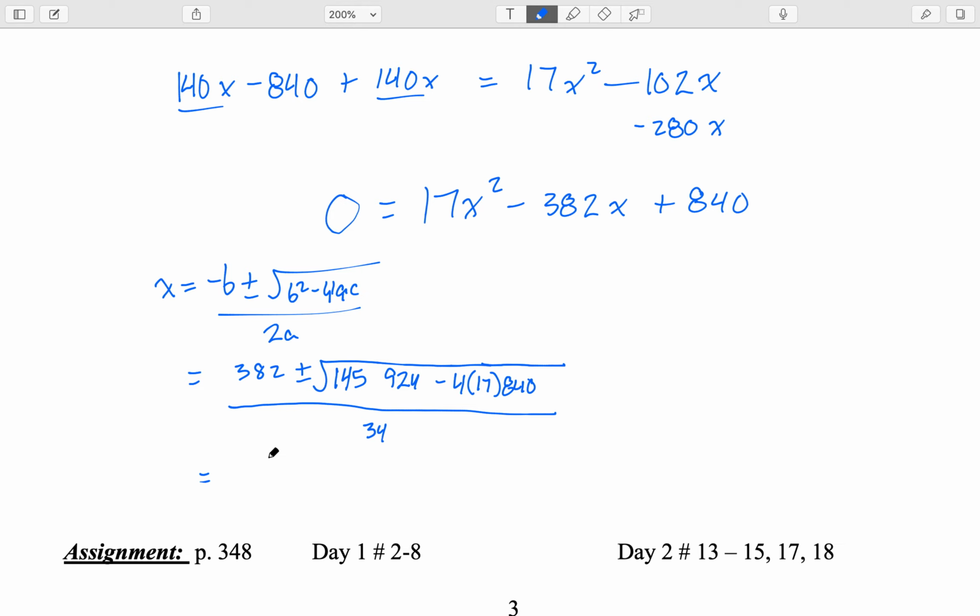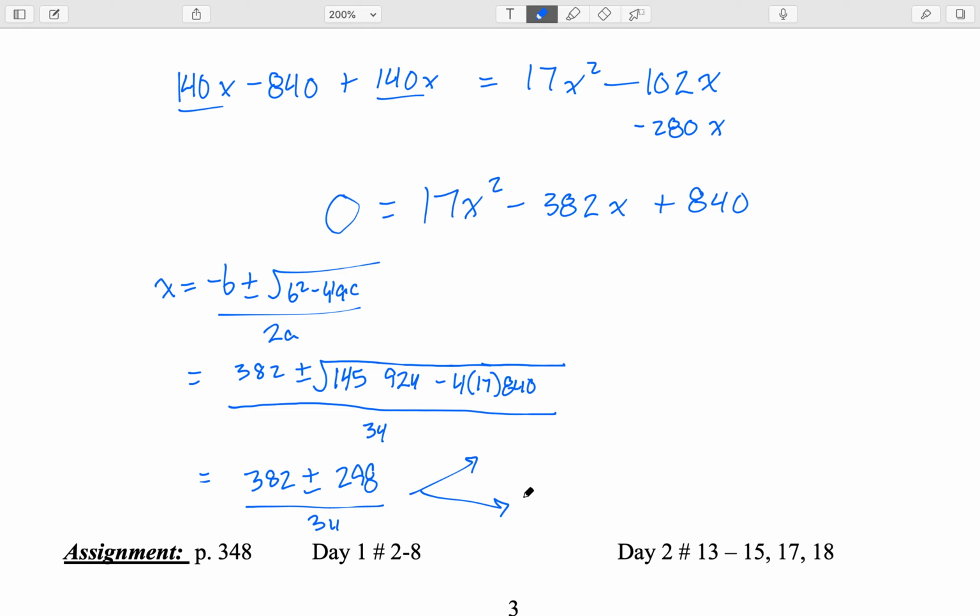Whoa. Here we go. So this is 382 plus or minus the square root of that number, which was 298. Whoa. Over 34. This is going to give me two answers. Okay, so hang on, let's just do this. So 382 plus 298 is going to give me 680. Let's go divide by 34.